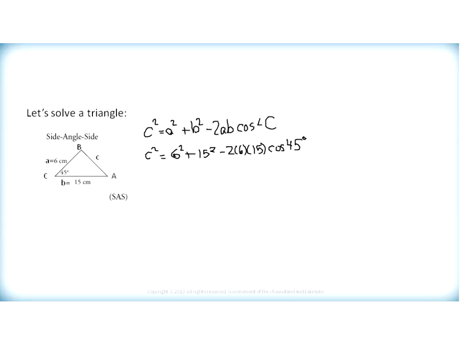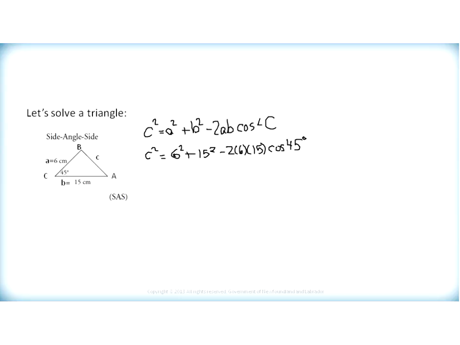And I'm going to go to my calculator again. Okay, so I'm going to type in 6 squared plus 15 squared minus 2 times 6 times 15 times, now in this case, I'm going to type in my angle first, if you recall from our sine law videos when I'm using the calculator on the computer. 45, cosine.